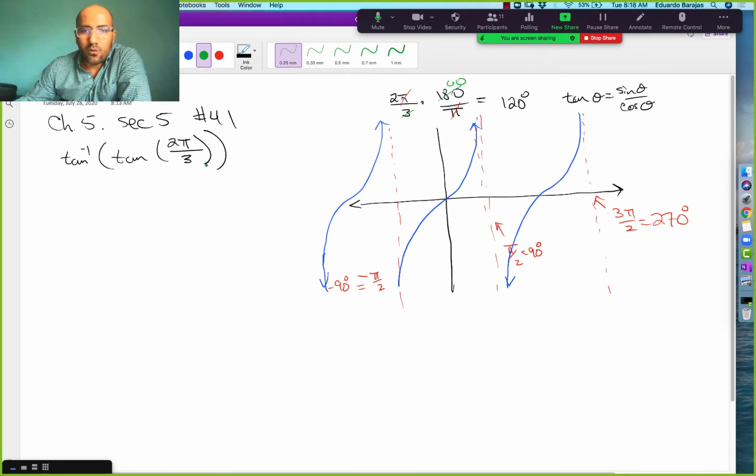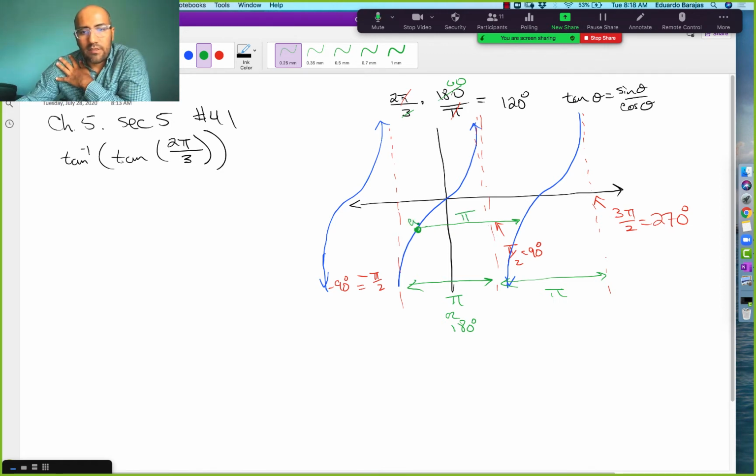Okay, so where is 270 degrees? Well, the period of a tangent function, from there to there, is pi, or 180 degrees. That means this one here is also pi. So if you grab any one point in here and you want to figure out its corresponding value over there, we have to add pi to it.